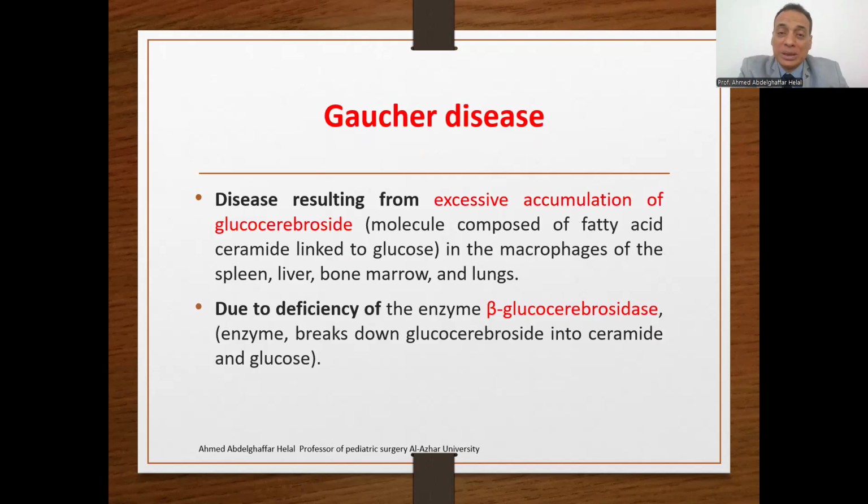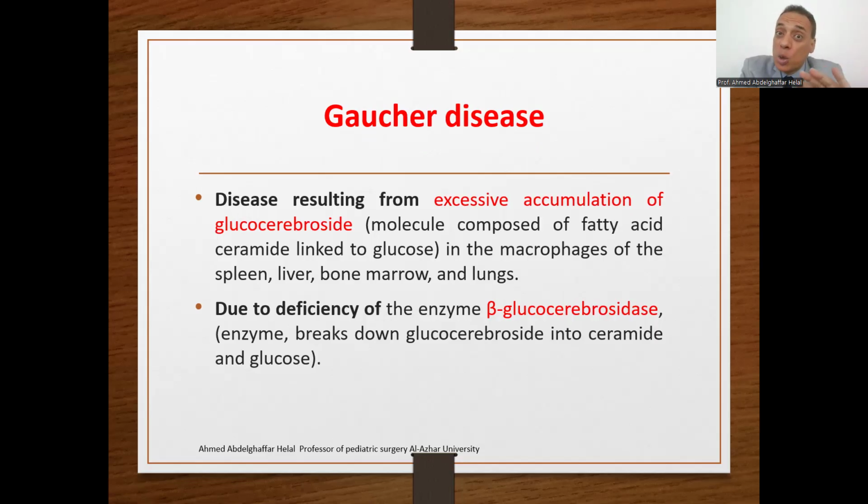There is a certain disease called Gaucher disease. It's a disease resulting from excessive accumulation of glucocerebroside. Glucocerebroside is a molecule formed of a fatty acid and ceramide linked to glucose, in the macrophages of the spleen and bone marrow.